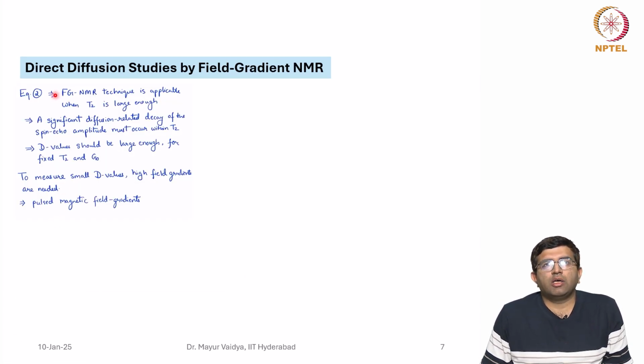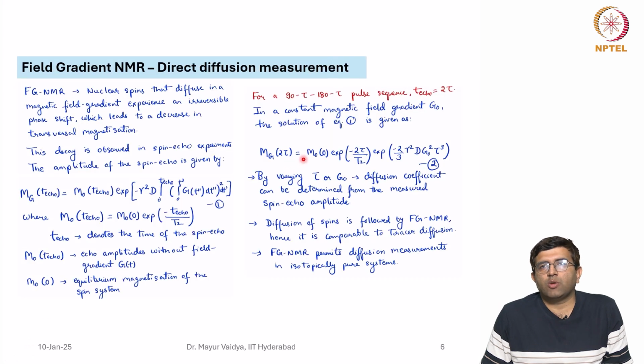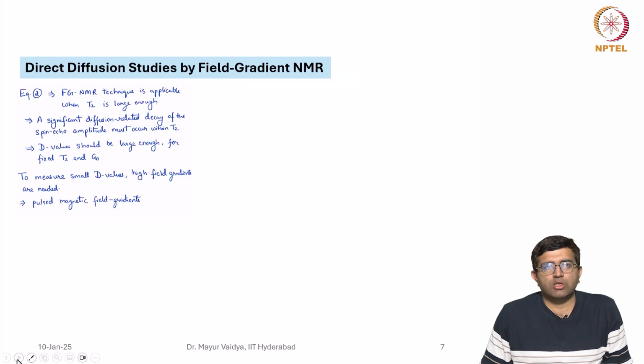So, the equation 2 implies that the FG-NMR technique is applicable when T2 is large enough. So, you can have a look at this equation. When T2 is large enough, then only you can have sufficient amplitude so that these signals can be nicely measured, which will ultimately help you to arrive at the diffusion coefficient values.